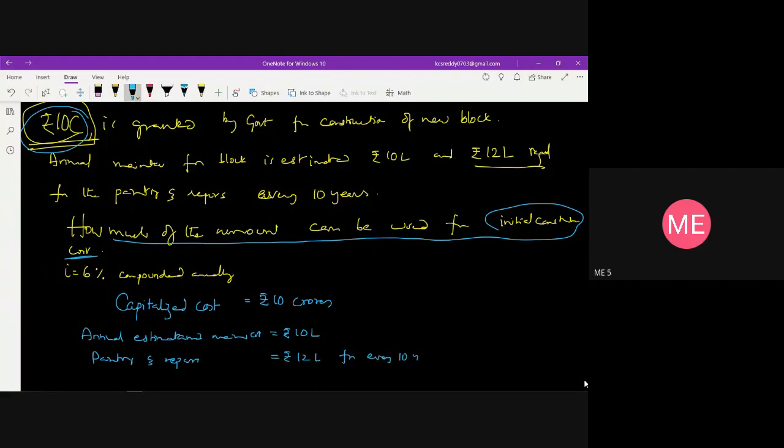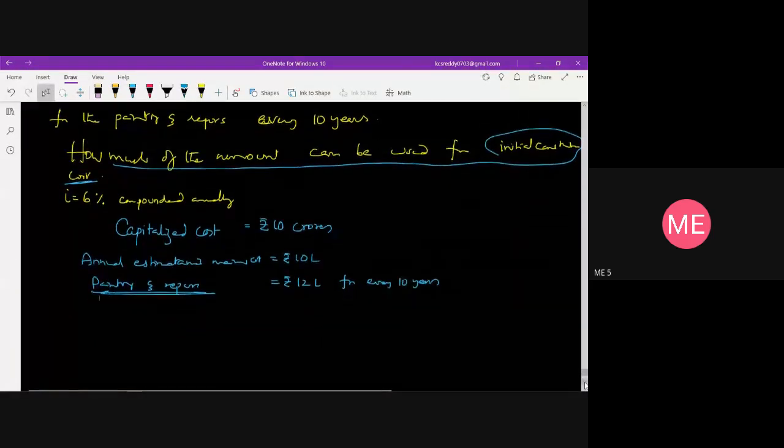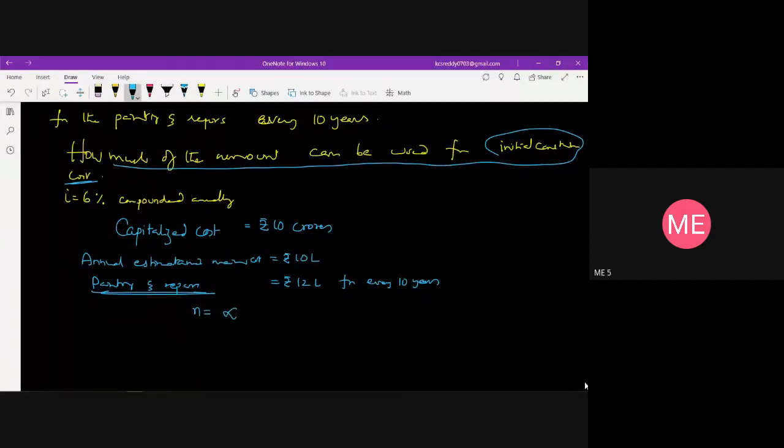This is very important: this is not annual, it is for every 10 years. Now it asks for the initial cost. Here n is equal to 100 years, assuming this is a building that will last for many years.